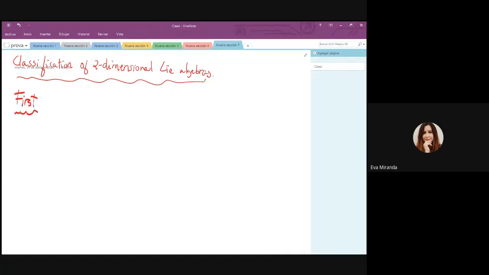So first, I want to compute the Lie algebra of the group on slide 10. This is the hint indeed.